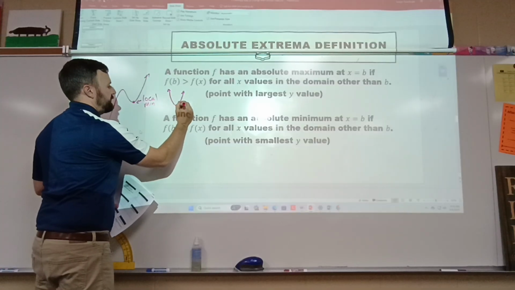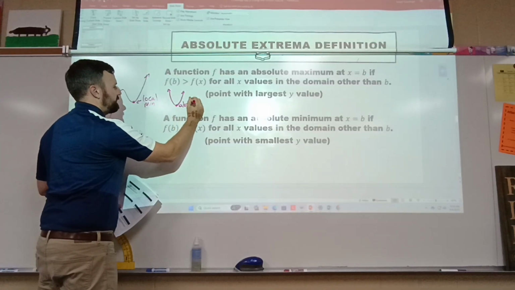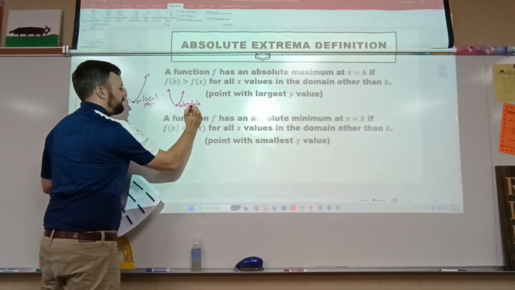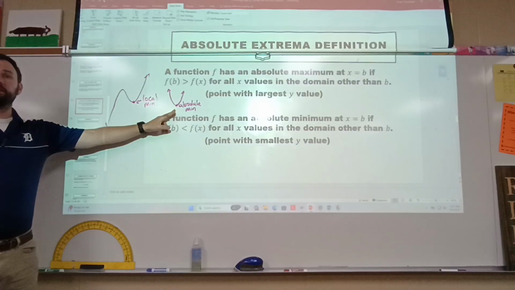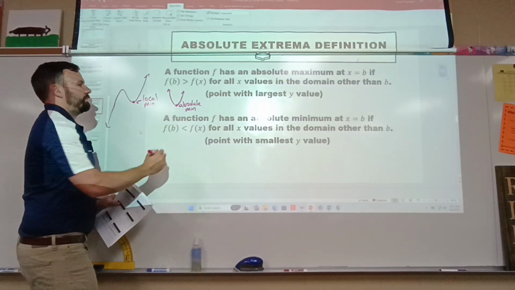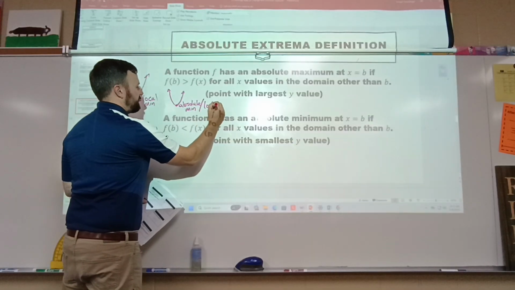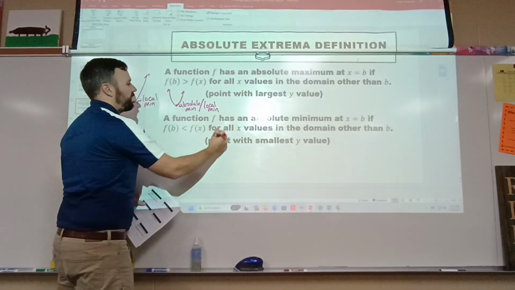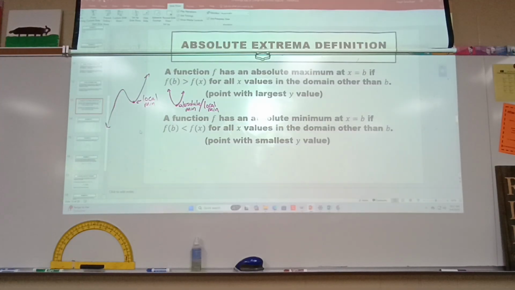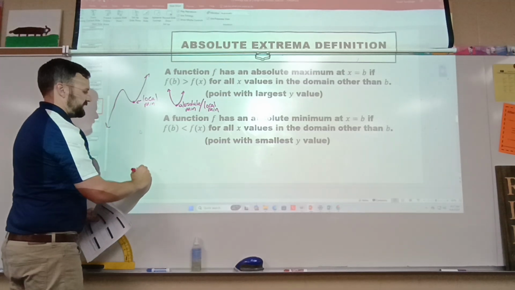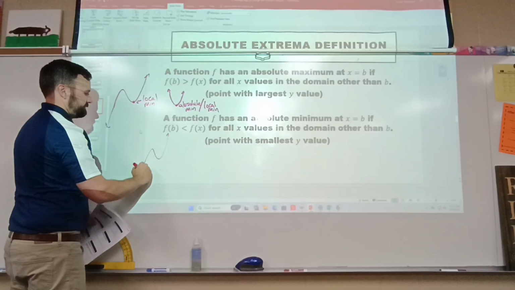This is an absolute min, absolutely, because is there any value below that on this graph? No. This is also, by definition, a local min because anytime I go down and then come up, it's a local min. Now it's an absolute if there's nothing else below it. That's what it's saying.